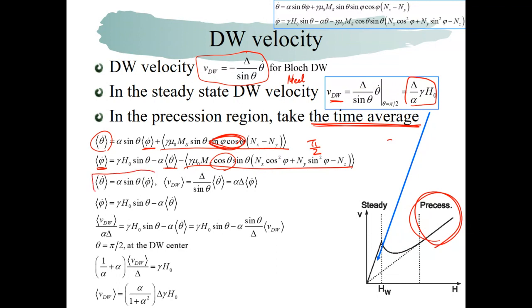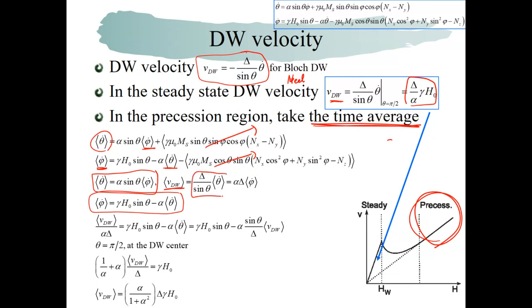So we can obtain this simple form, because we can drop these two terms. We have this one. And we have the time average of theta dot, and we can obtain the time average of the velocity, and it should be delta over sine theta times theta dot.